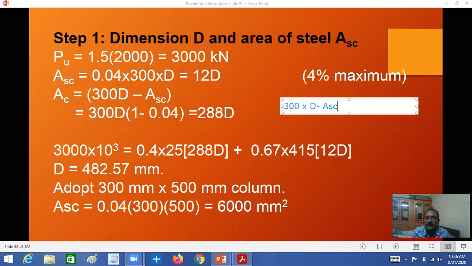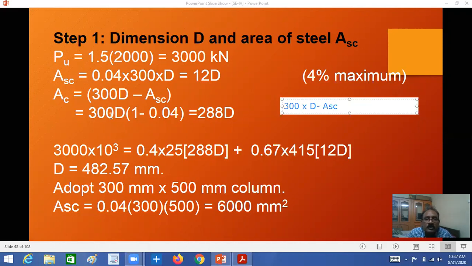If you subtract the area of steel from the total area of the column section, you will get the area of concrete. Like that we have to calculate.